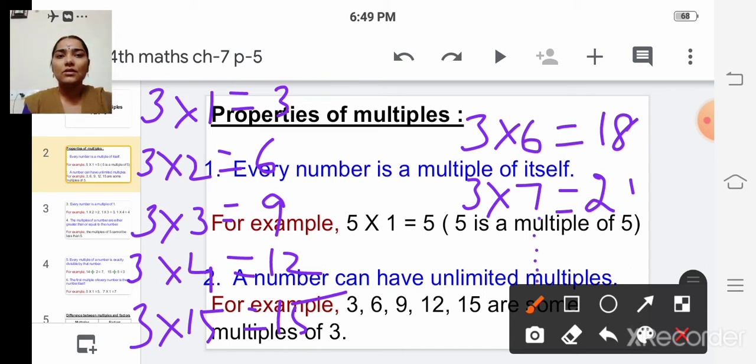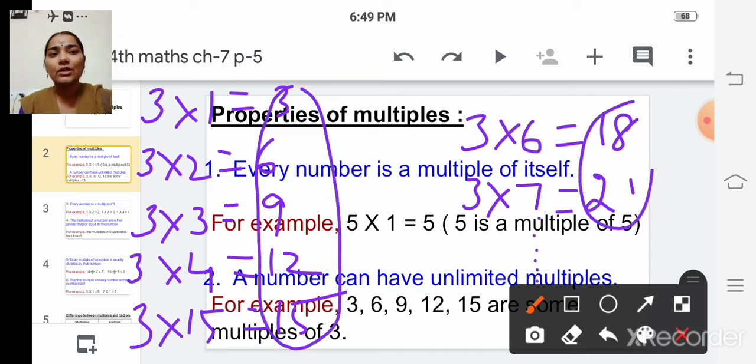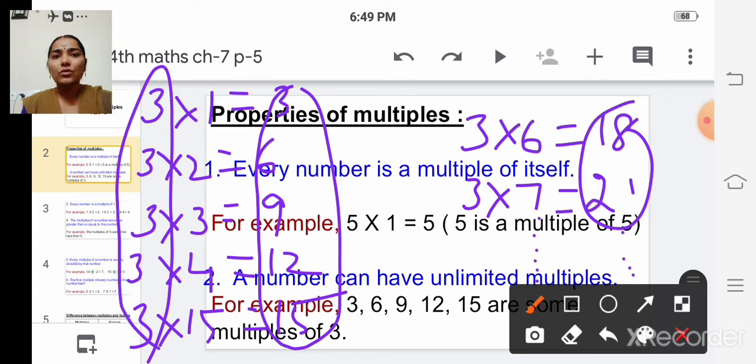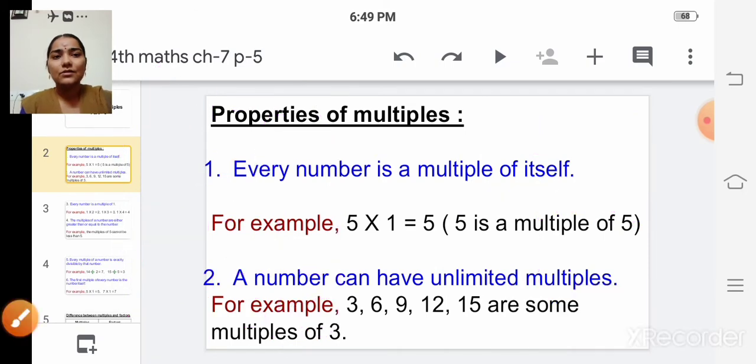So these 3, 6, 9, 12, 15, 18, 21 and so on are the multiples of 3. We will get unlimited multiples. So the second property is a number can have unlimited multiples.